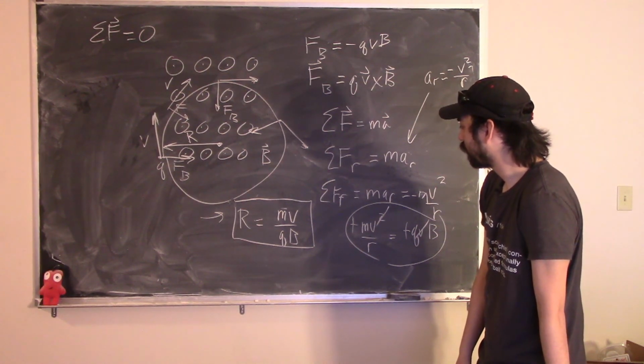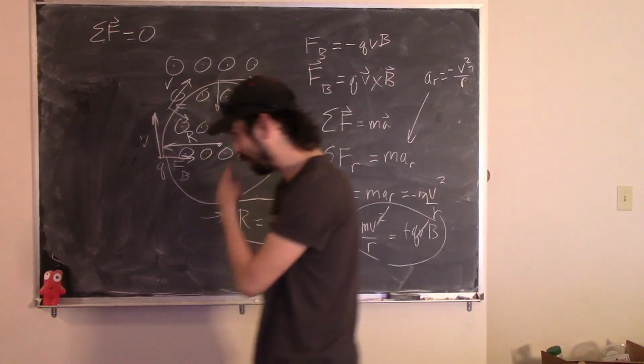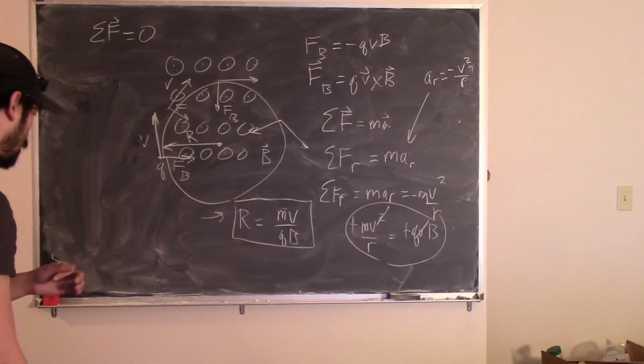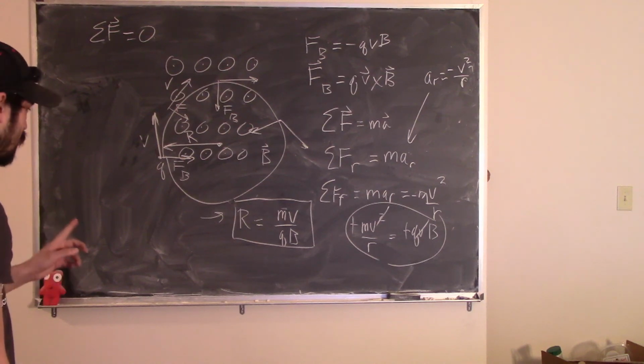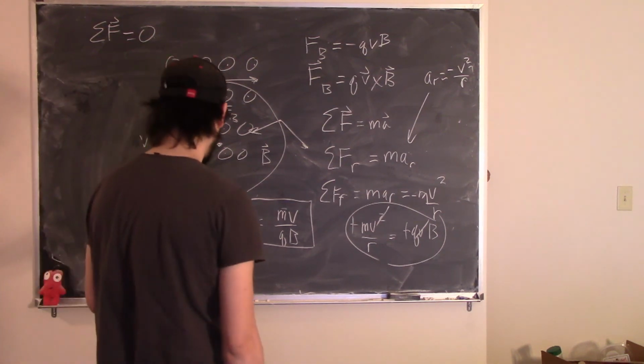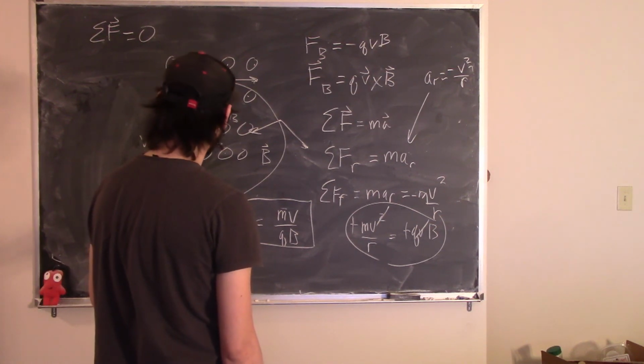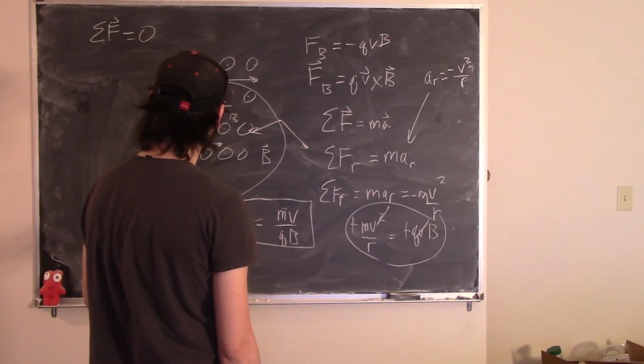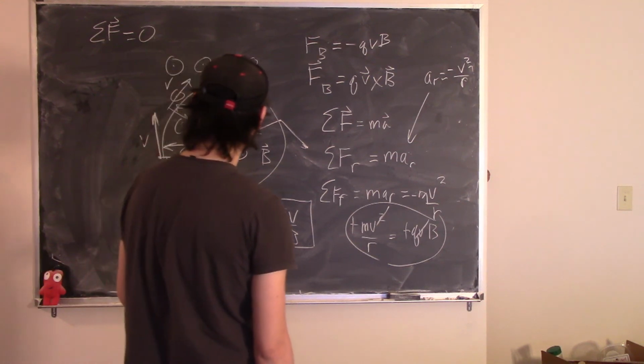I'm just going to do a real back of the envelope calculation here, but I'm going to need the magnetic field in Tesla. I think it's 14 Tesla.